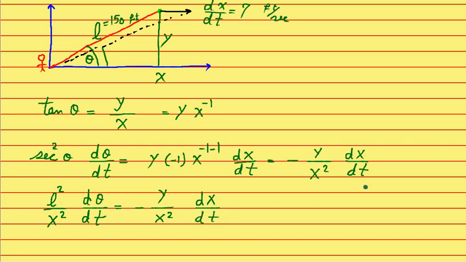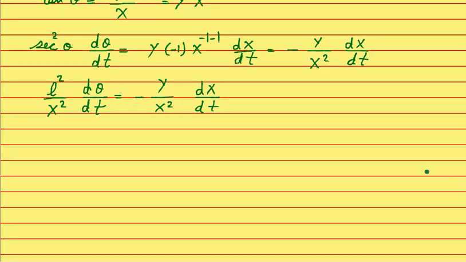Now we are about 95% done. Let's just go ahead. This x squared is the same on both sides. You can just cancel it. Bring the L squared to the other side. I'll have d theta dt is equal to minus y over L squared times dx dt.